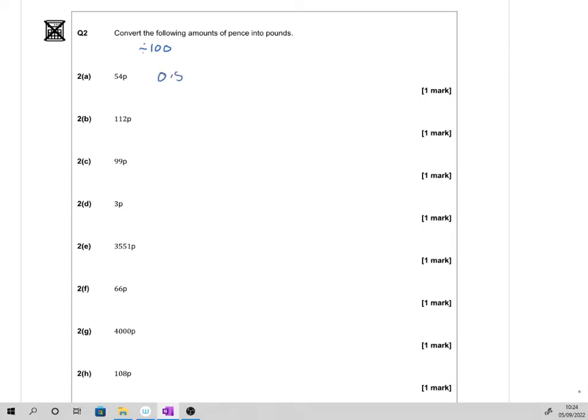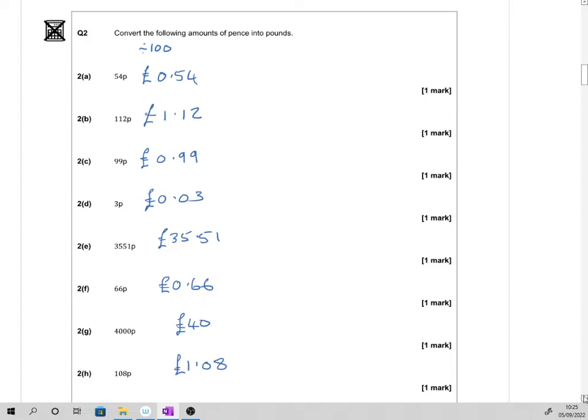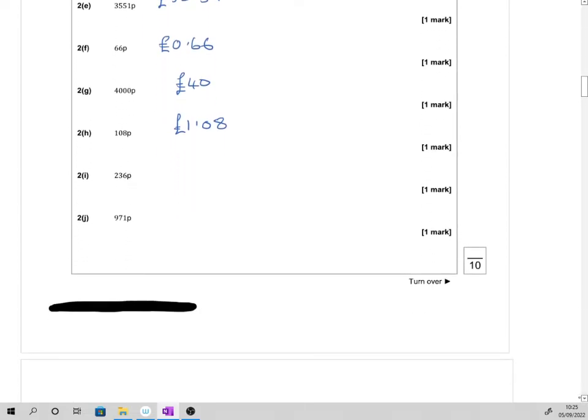So 0.54 pounds, bit weird, yeah. 1.12 pounds, 0.99 pounds, 0.03 pounds, 35.51 pounds, 0.66 pounds, 40 pounds, 1.08 pounds, 2.36 pounds, and 9.71 pounds.